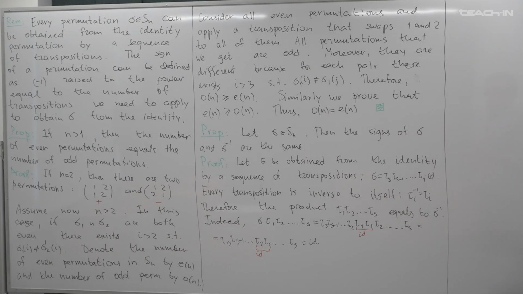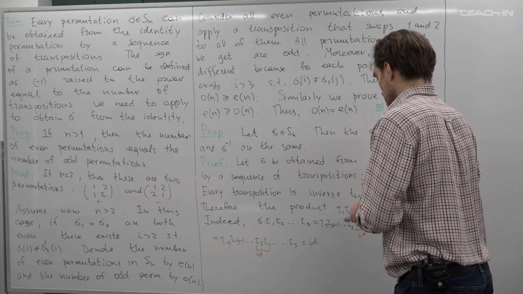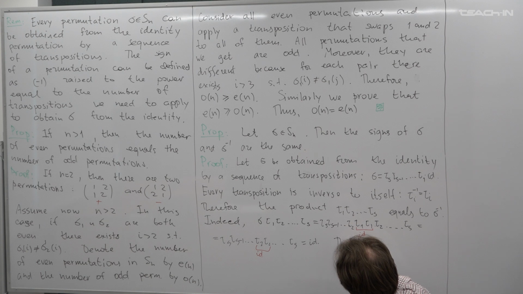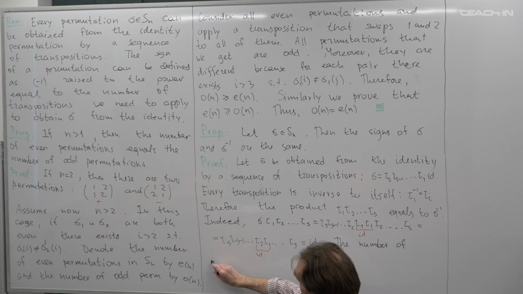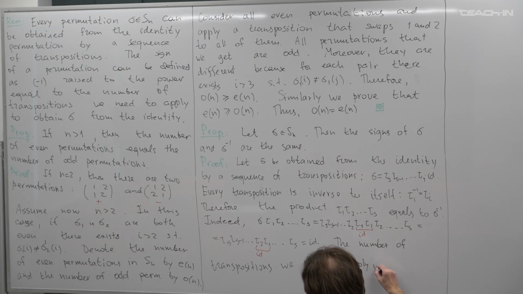And so we get the inverse, and the number of transpositions we need to apply to obtain sigma to the minus 1 is also s, and that's why the sign of sigma to the minus 1 equals the sign of sigma.